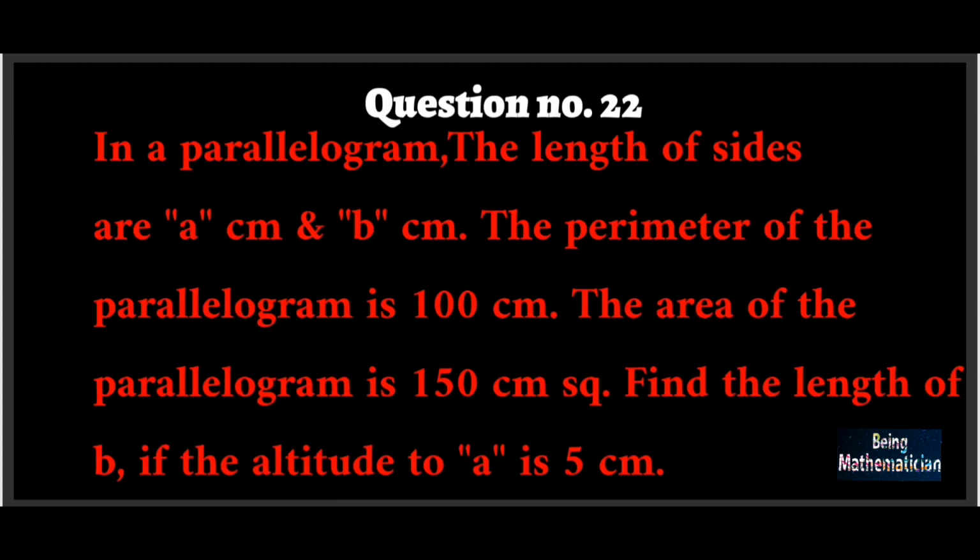Question number 22. We know that the area of the parallelogram is base into height. So here altitude to A is 5, so 5 into A is the area of the parallelogram, and it is given as 150. So A must be 30 centimeter.